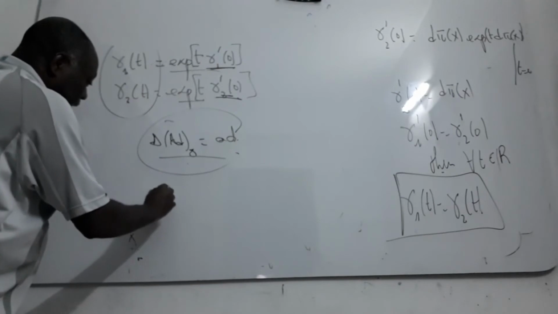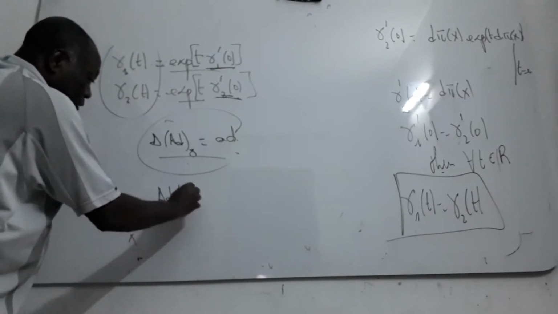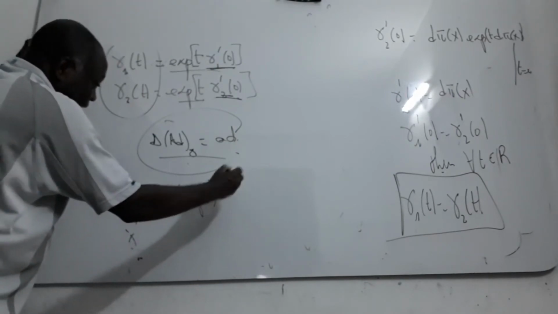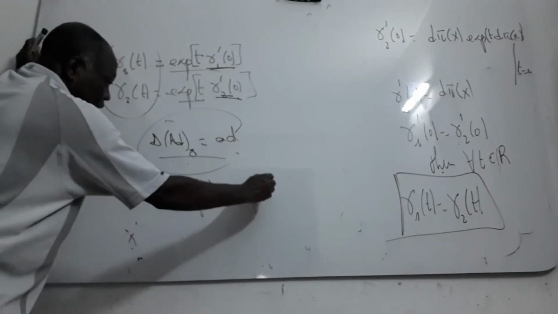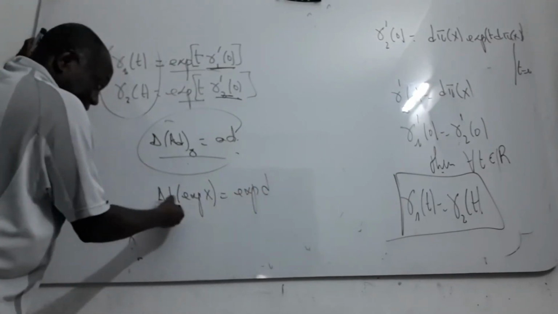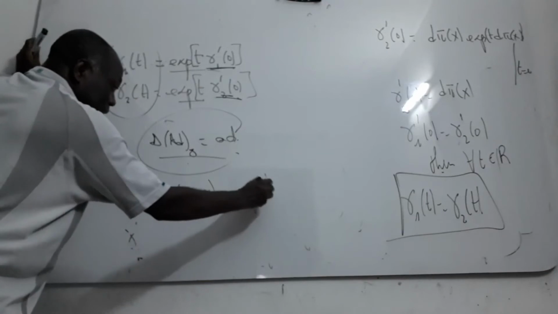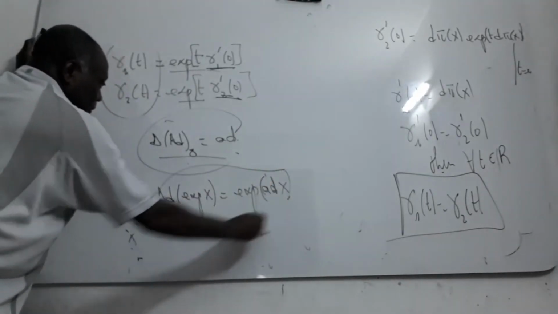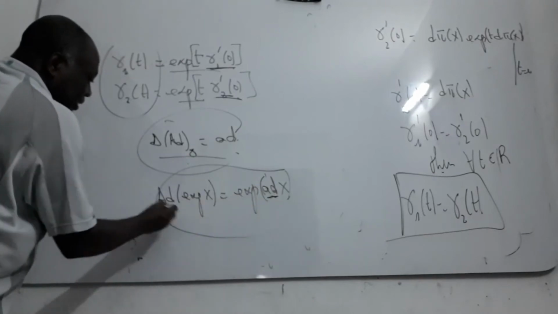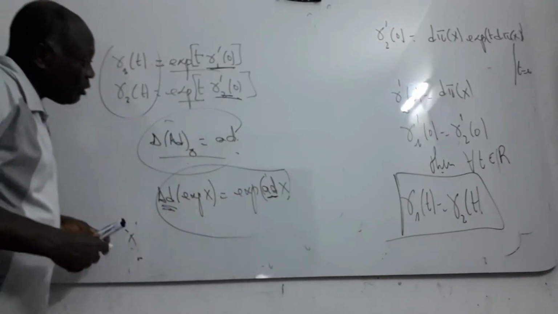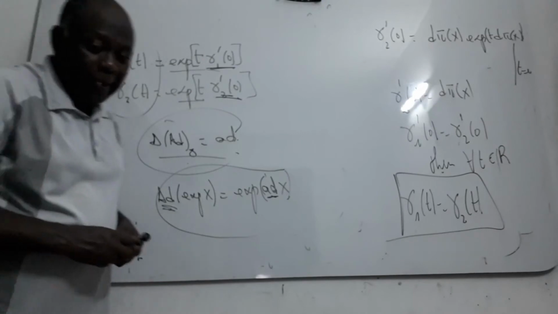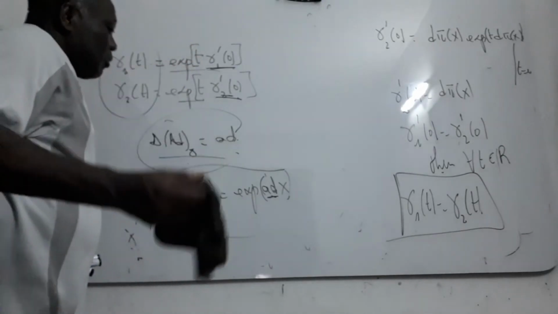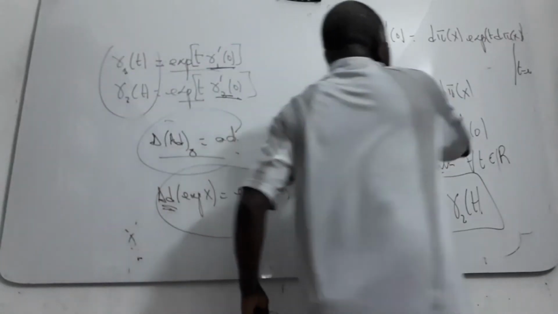Then Ad of the exponential of x is exactly the exponential of the derivative of this one, which is exactly ad of x. This one is a derivative of this at 0. Okay. And now I'll give you some more remarks.